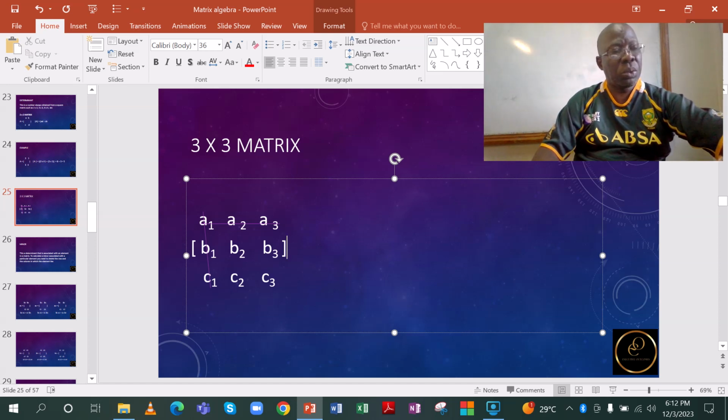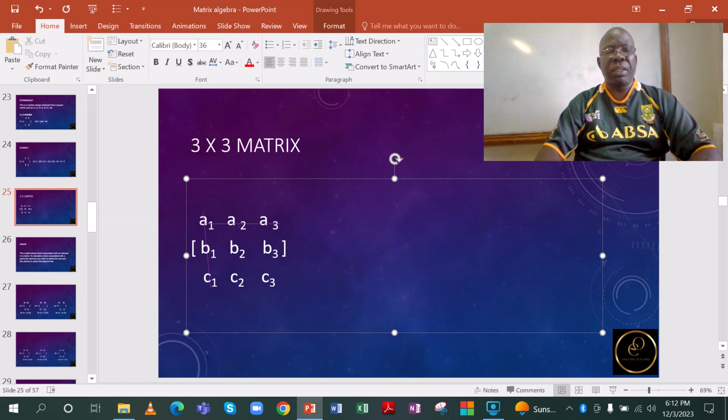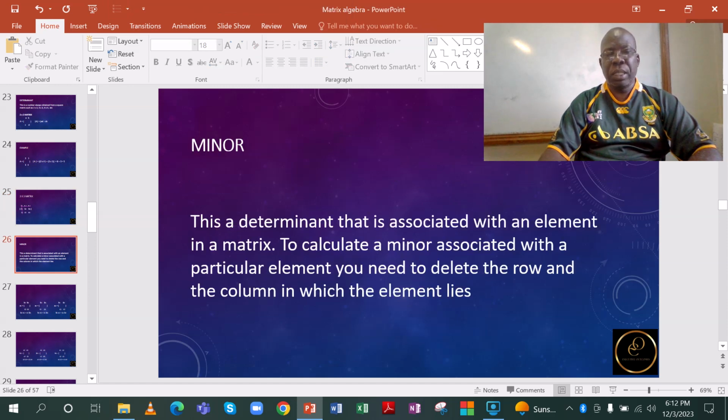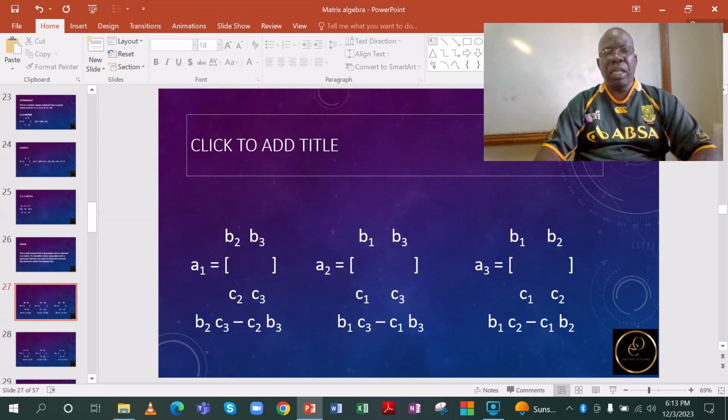That's what you're going to have. So the minor related to A1 is B2, B3, C2, C3.